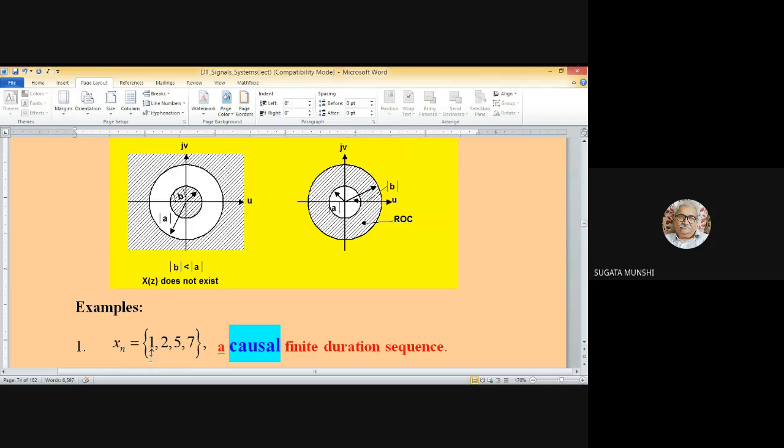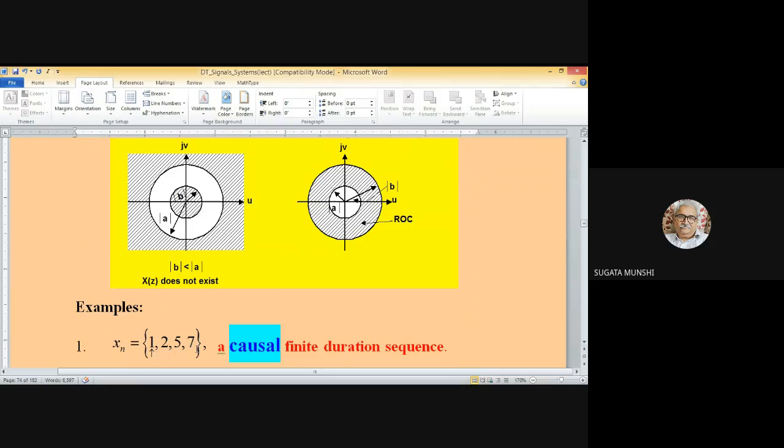According to this convention, wherever there is a vertical arrow, that sample corresponds to the sample value at n equal to 0. So 1 is the sample value at n equal to 0. Therefore, 2 will be the sample value for n equal to 1, 5 will be the sample value for n equal to 2, and 7 will be the sample value for n equal to 3.